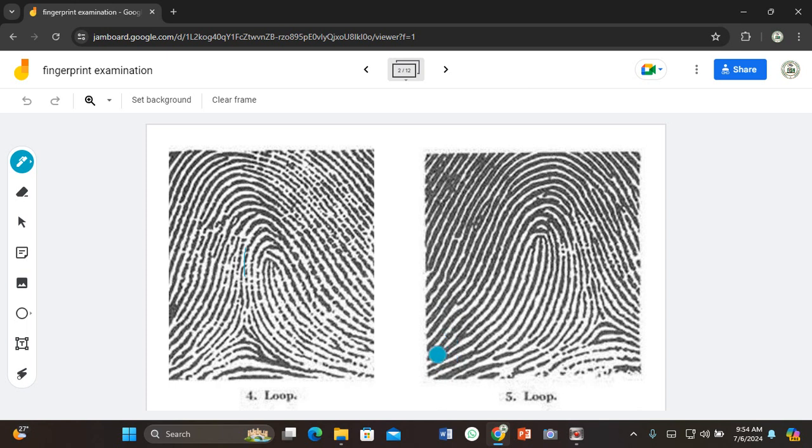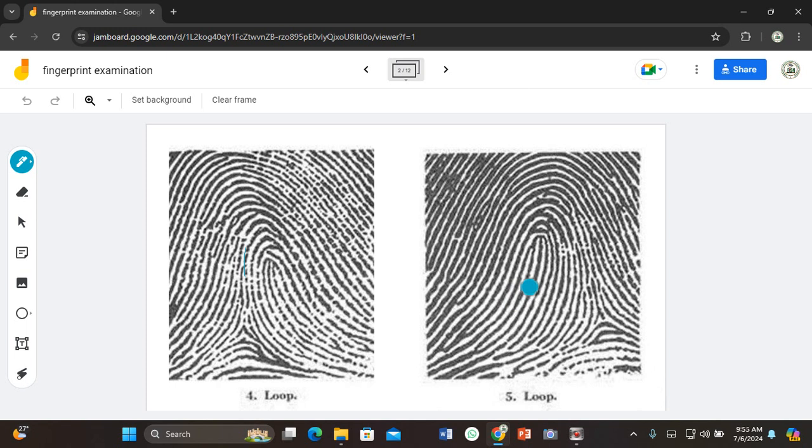Now look at this one. The same thing here. You have the loop. You have the ridges going in from one side and coming out of the same side. Just concentrate on the innermost recurves. You can see them going in from one side and out of the same side.